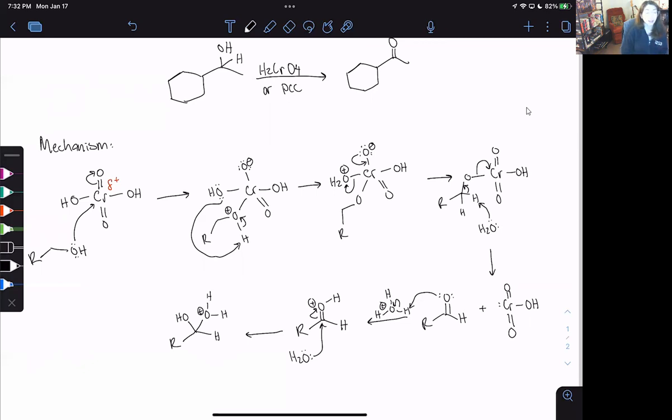So then I can get to this. And if I do a final acid-base reaction, then I have something that looks like it's just two alcohols, okay?